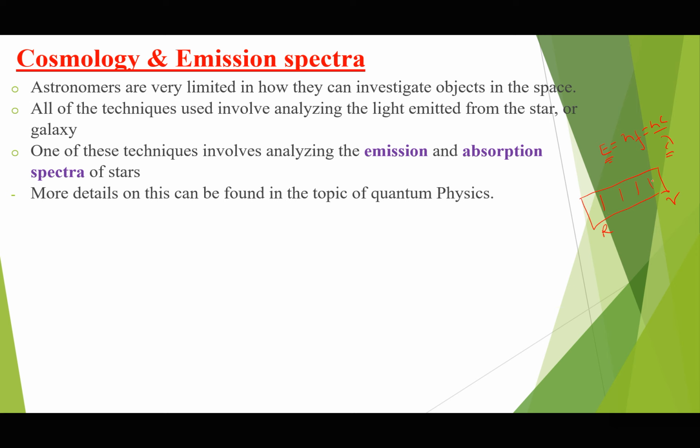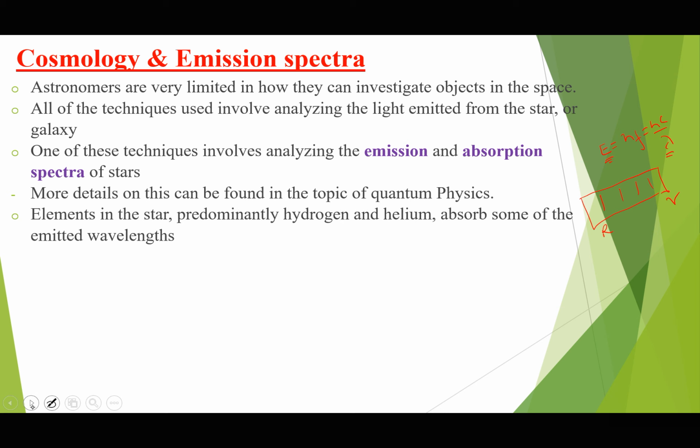So astronomers will now study these lines and compare them with what is observed in the laboratory, to be able to investigate objects in space, such as distant galaxies. More details on emission and absorption spectra will be found in quantum physics.